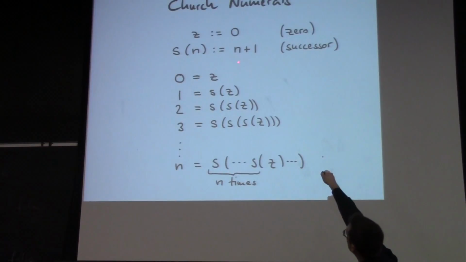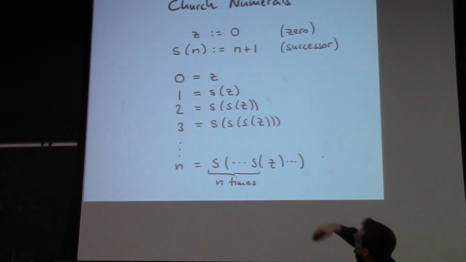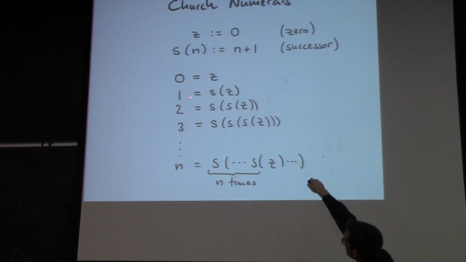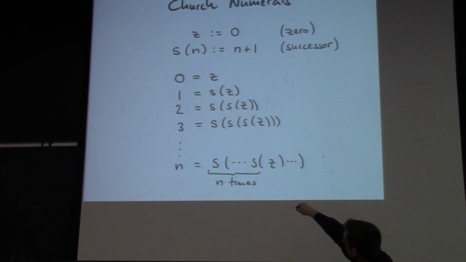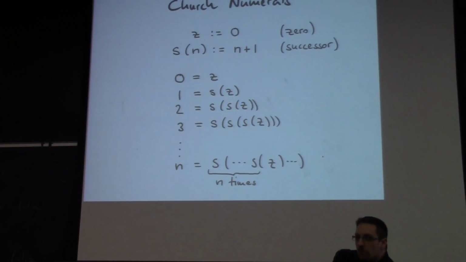So if you give it a 1, it gives you 2. If you give it a 3, it gives you 4, and so on. And this is the way we represent numbers. 0 is just Z, 1 is successor of Z, and 2 is successor of successor of Z. If you have the number n, you take the successor function n times applied to Z. You think of this as a way of computing the number just by adding 1 starting from 0, n times.